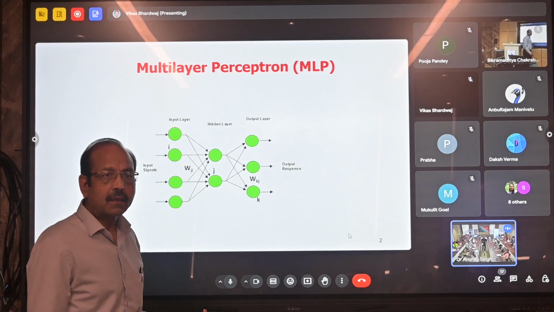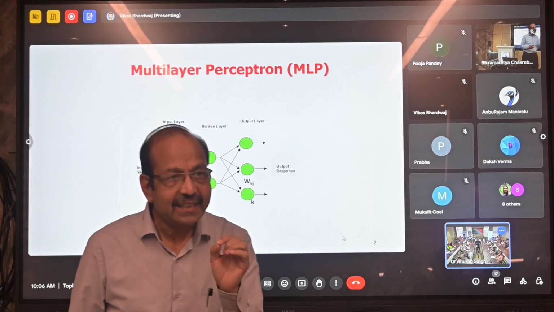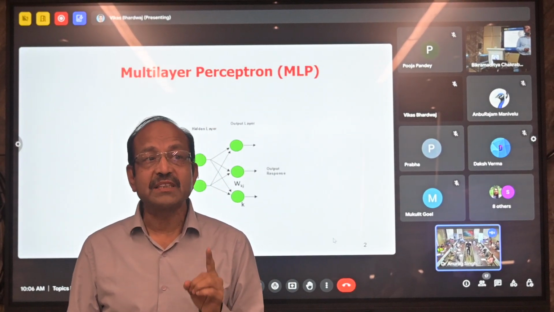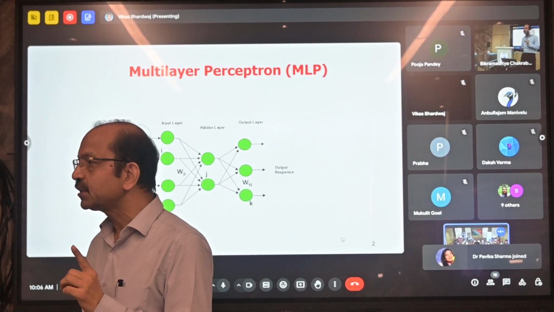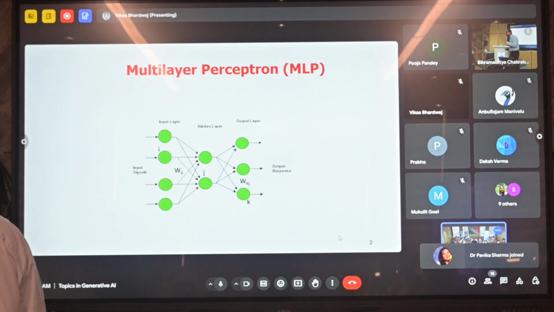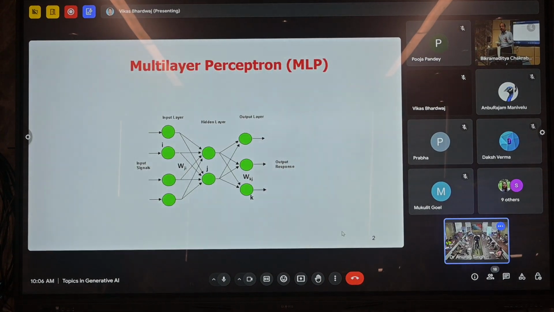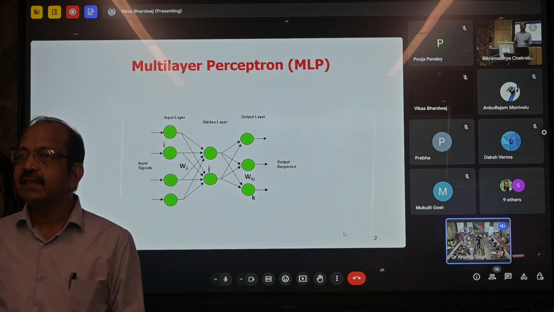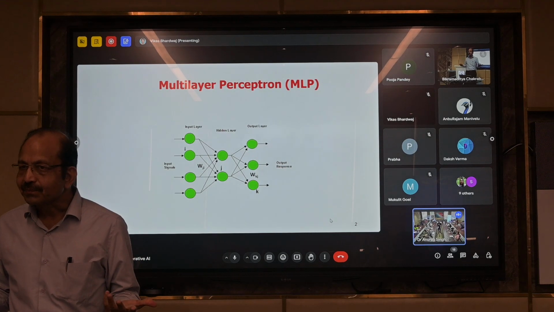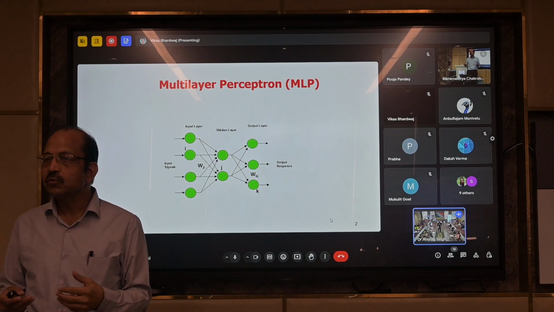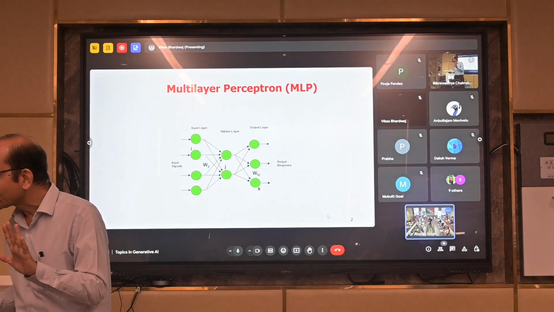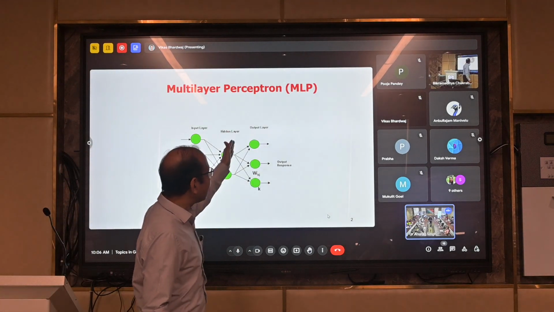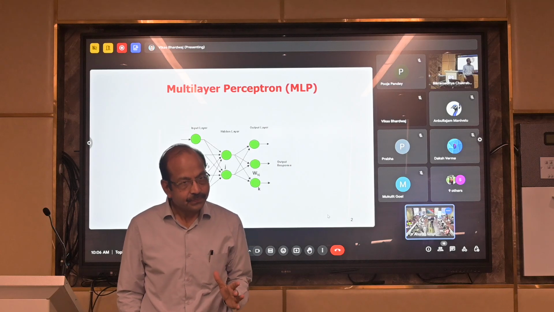Now, each sample is represented in terms of d features, a point to be noted. If you are solving, let's say, a 5-class problem, where you want to recognize A, E, I, O, U, then you are going to have 5 nodes at the output layer.